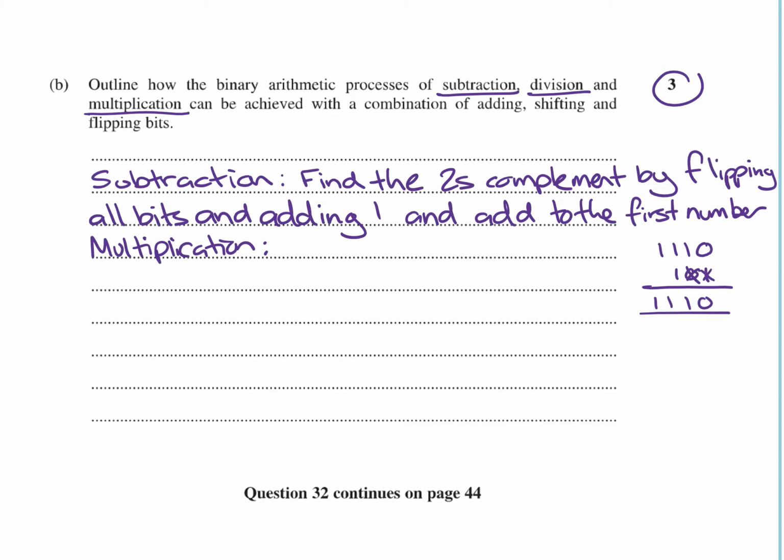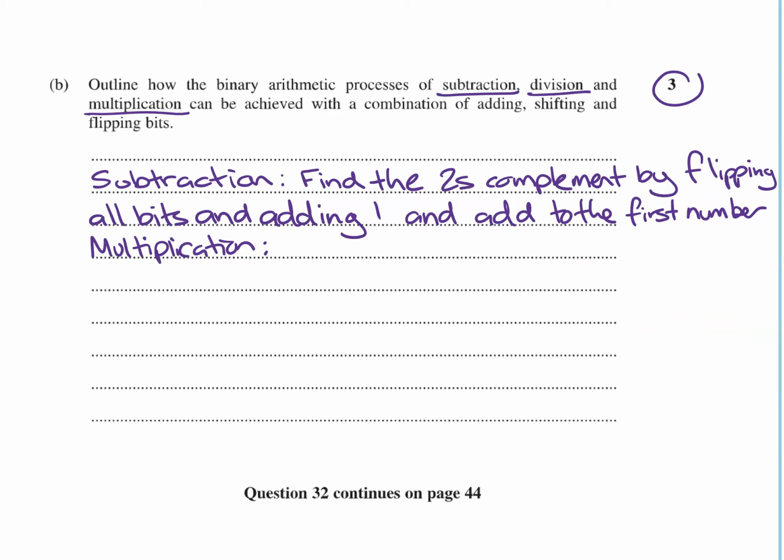If there's a 0, we don't. And for every place value we move over, we shift over 2 spaces. So leave a space, and then 0, 1, 1, 1, and then add it all together. So there's my little example of how to do a multiplication.